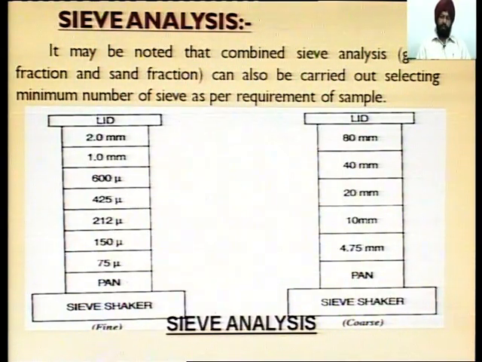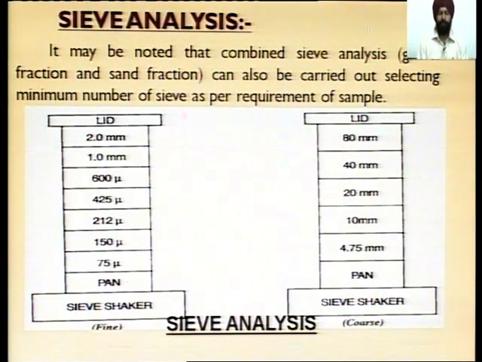As shown in this figure, the left hand side is the fine sieve analysis sieves, and the right hand side is the coarse sieve analysis. A lid is provided on the top of the sieves, then 2 mm, 1 mm, 600 micron, 425 micron, 212, 150 micron, 75 micron.